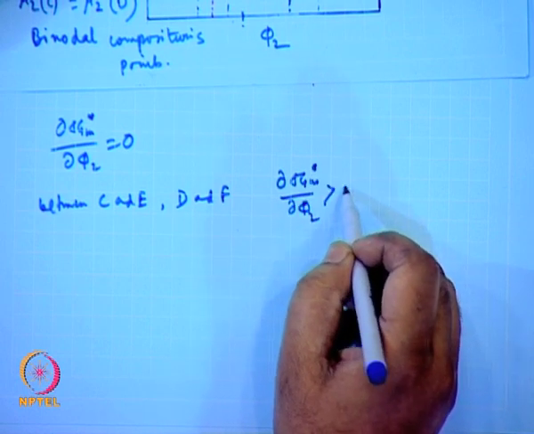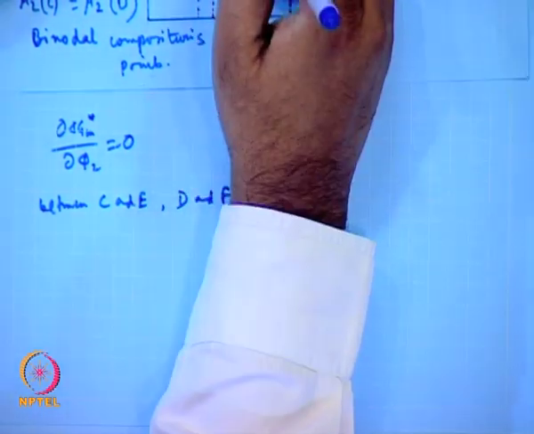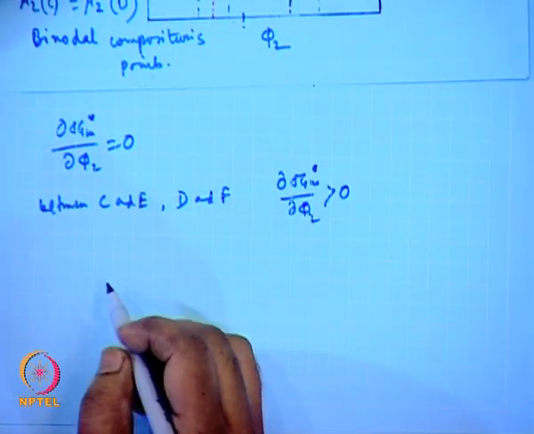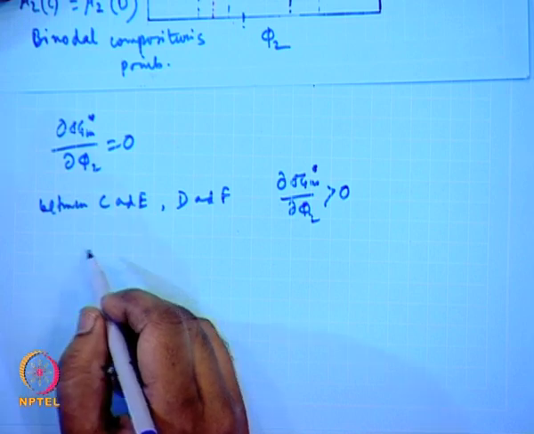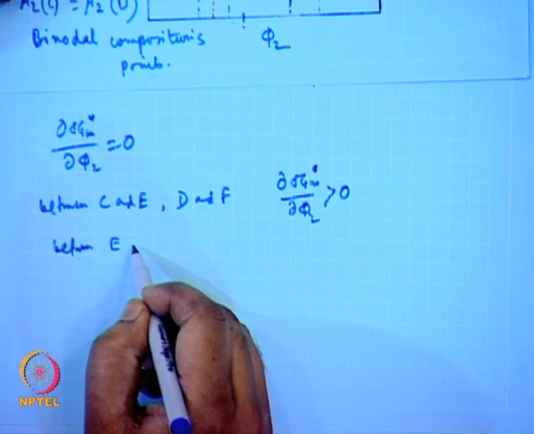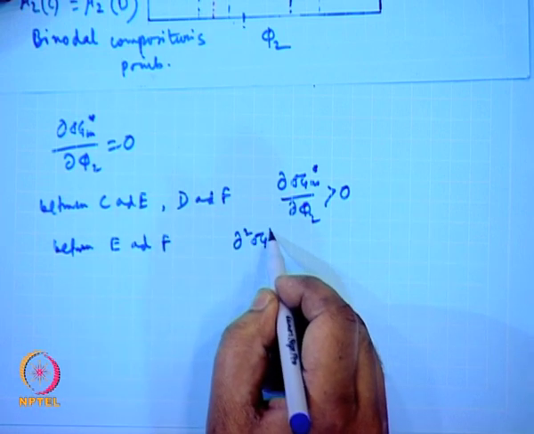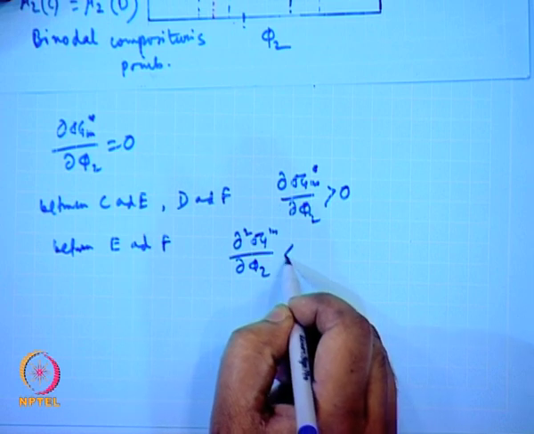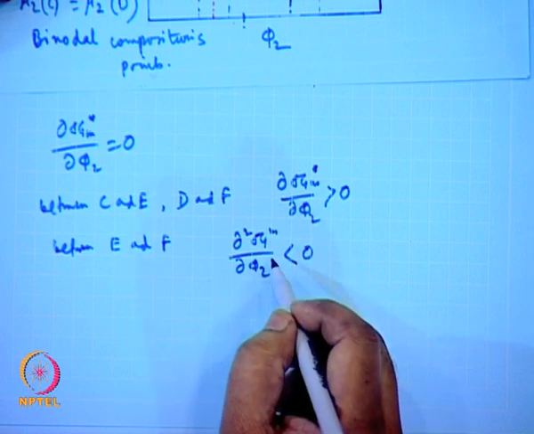So, d squared G by d phi 2 squared would be greater than 0. And between E and F, this is the change of slope.